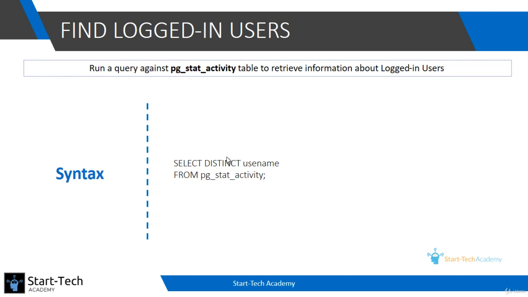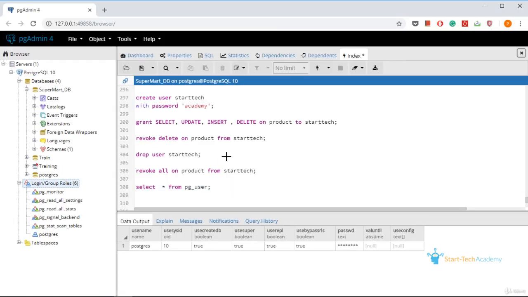If you want to find out the connected users, or the users that are actually logged in to your database, you can write this query: select distinct username from pg_stat_activity. This pg_stat_activity table has all the users who are logged in. So you select the usernames from pg_stat_activity. Let us write this.